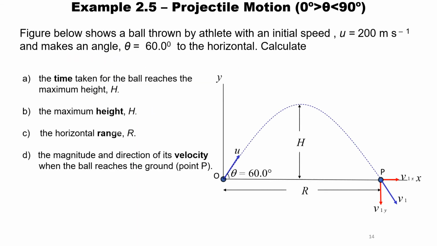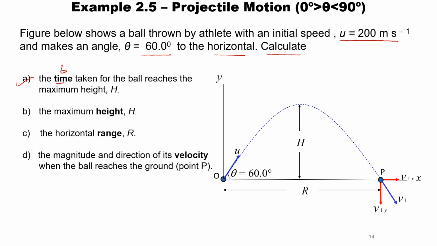Now example 2.5. The figure below shows a ball thrown by an athlete with an initial speed u of 200 meter per second and making an angle of 60 degree to the horizontal. Question asks, calculate A, the time taken for the ball to reach the maximum height.